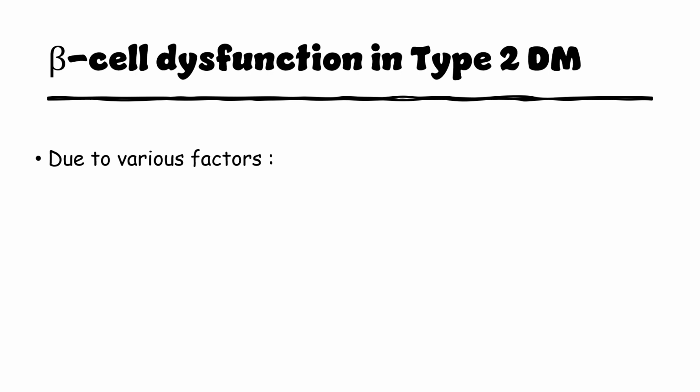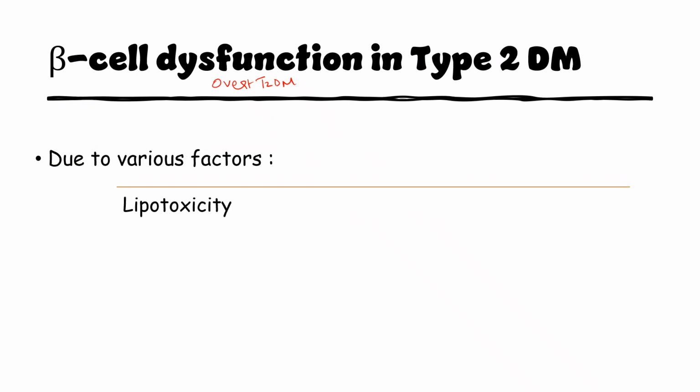Lastly, how does beta cell dysfunction contribute to type 2 diabetes mellitus? We must remember that this beta cell dysfunction will always lead to a phenomenon called overt type 2 diabetes mellitus. Now, beta cell dysfunction is caused due to various factors. One is lipotoxicity. Lipotoxicity occurs due to increased free fatty acid.